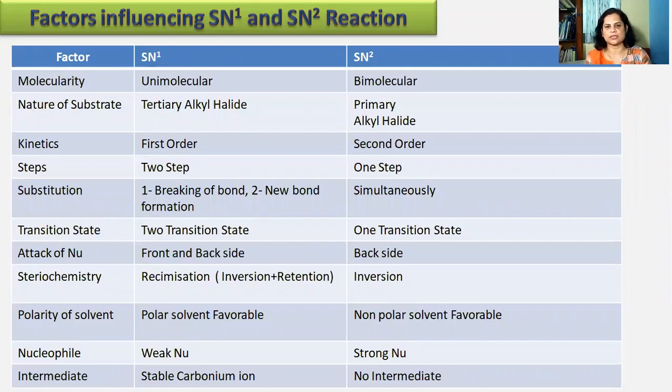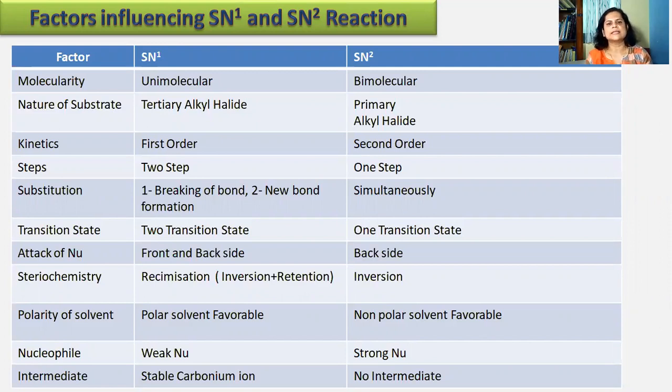The nucleophile attacks the carbocation from both sides, front side as well as back side. Even if the nucleophile is weak, the reaction takes place, and we get a stable carbocation as an intermediate.